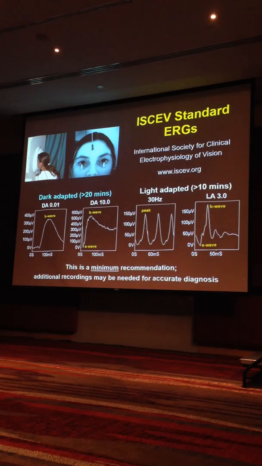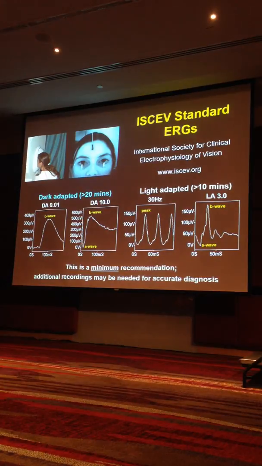So if we review the basic international standard recommendations for ERGs, we have 4 basic responses. First, a dim flash in a dark adapted eye, and these numbers refer to the brightness of the flash, so 0.01 is dim, 10 is bright.